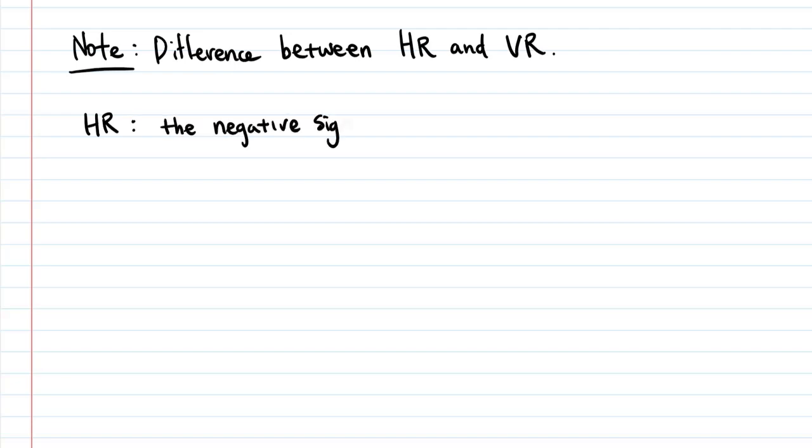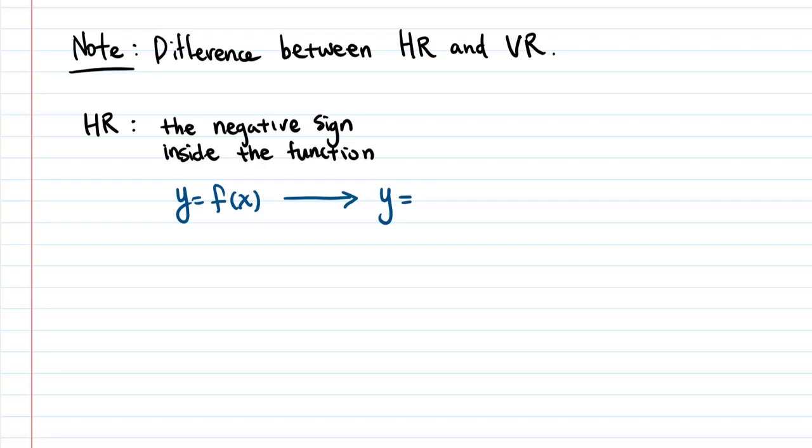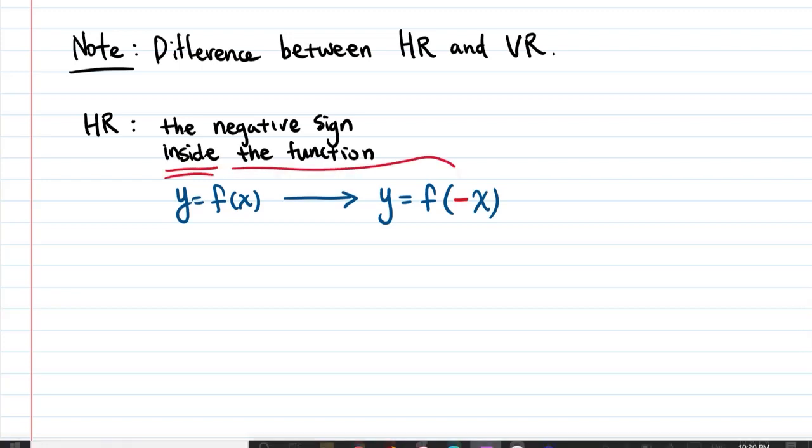When you have y is equal to f of x using function notation, and that is the original function, and horizontal reflection happens, then the function will take the negative sign inside the function notation. So instead of f of x, it will be f of negative x. Like this. So this negative sign is inside the function right there.